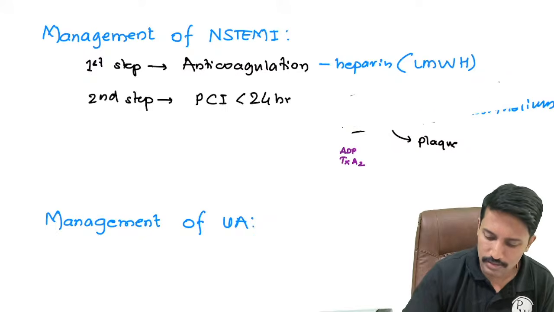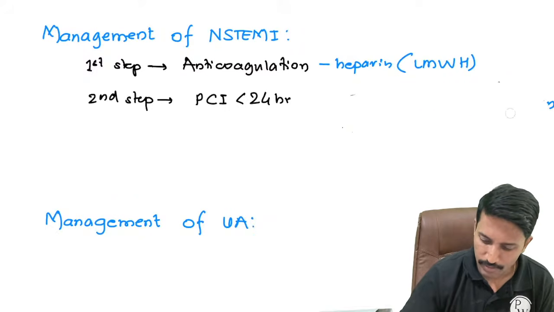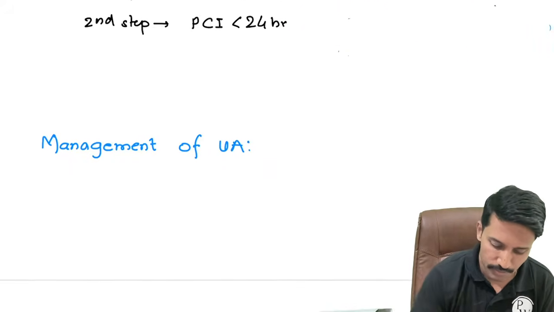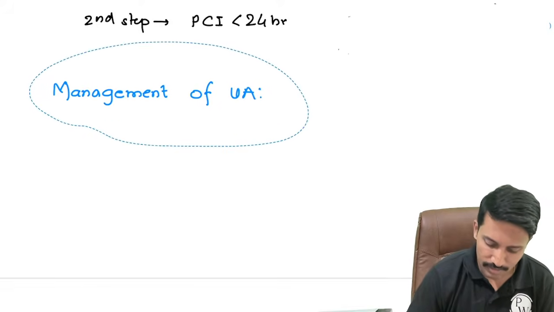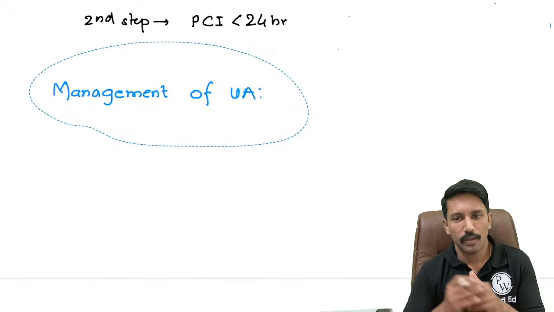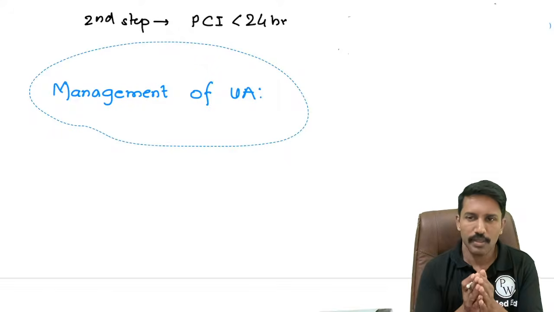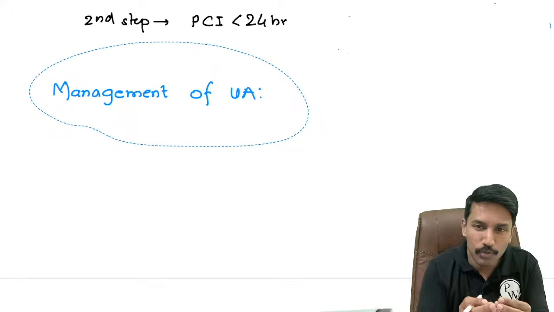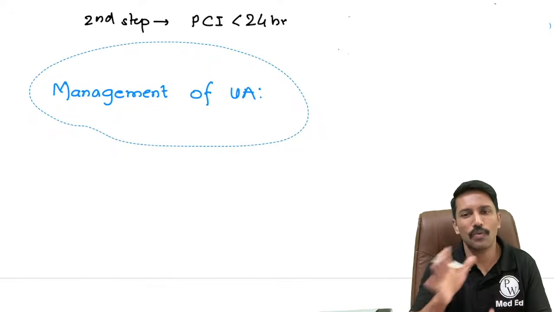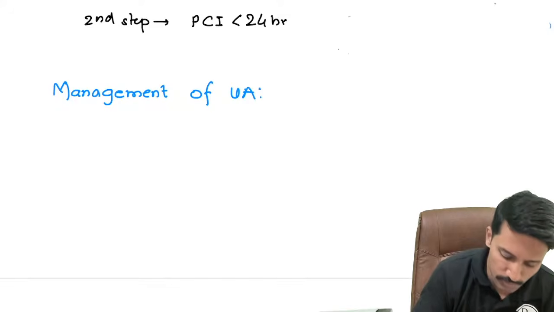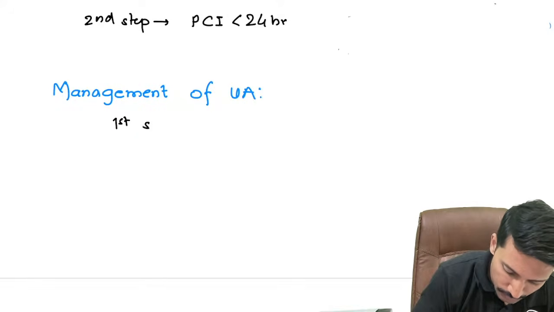This is the case management of NSTEMI. In unstable angina, what do we do? In unstable angina, plaque is ruptured, platelet plug is being formed, and fibrin deposition is about to start. I do not want the fibrin deposition to happen. So that is why here the first step is again the same, anticoagulation.